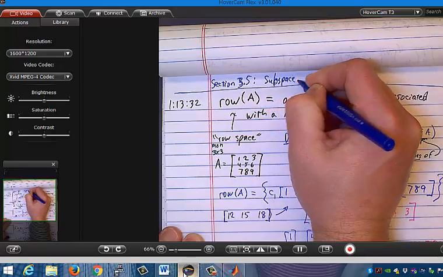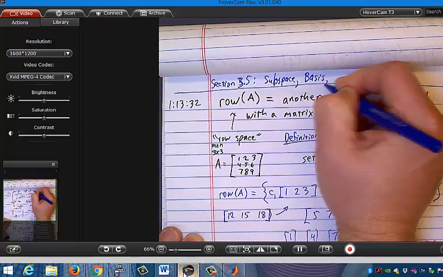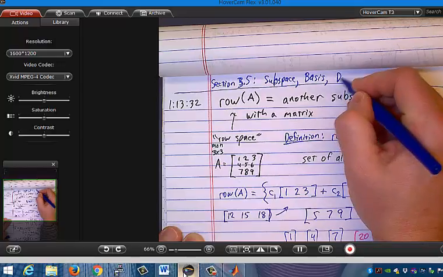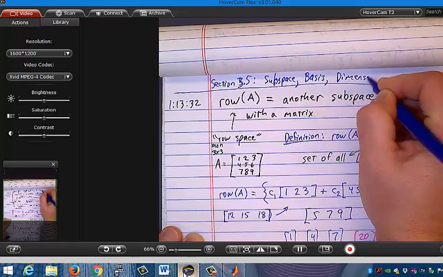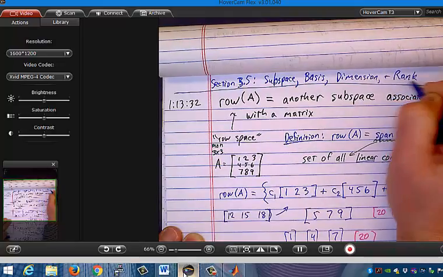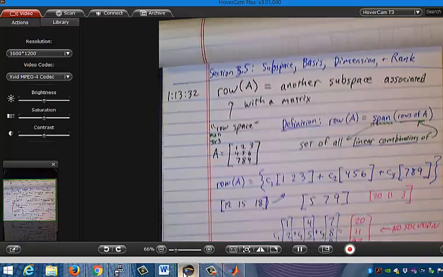I think we know what that is based on what we just did. Basis. Do you remember what the other two words are? Dimension and rank. Dimension, which I want to explain again now, and rank, which we really haven't talked about much yet. Although we did like in chapter 2 a little bit. So I'll come back to rank in a second.